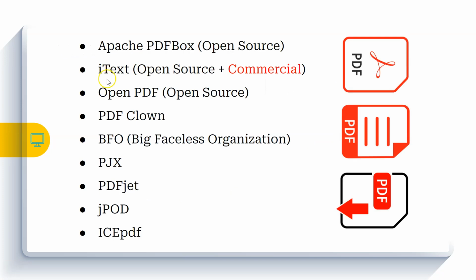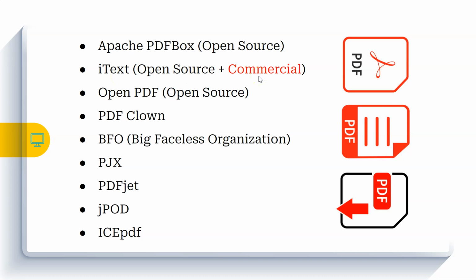Alright guys, as I mentioned, I will talk about the iText Java library, but I just want to mention what other libraries are available in the market to create or manipulate PDF documents. We have Apache PDFBox, open source. We have iText, obviously open source, but if you want to use the iText Java library for commercial purposes, then there is a fee.